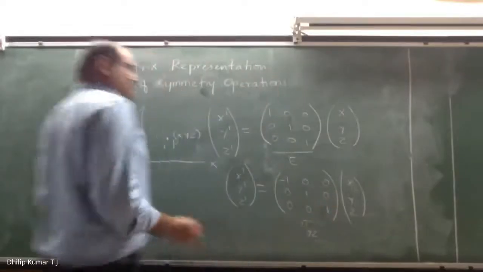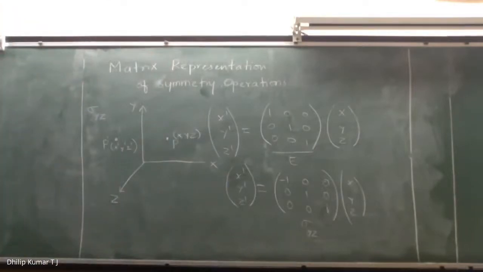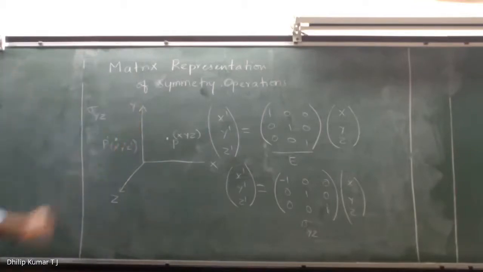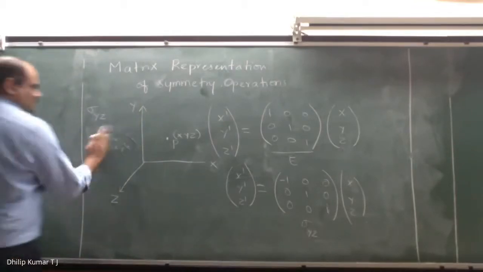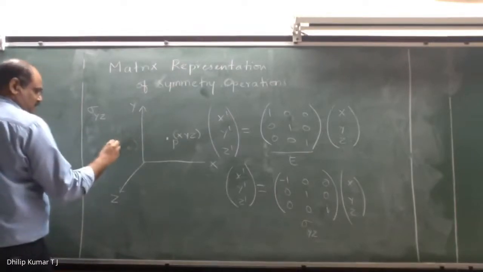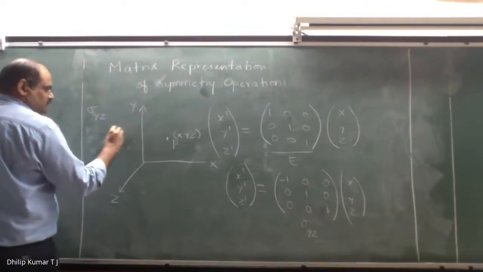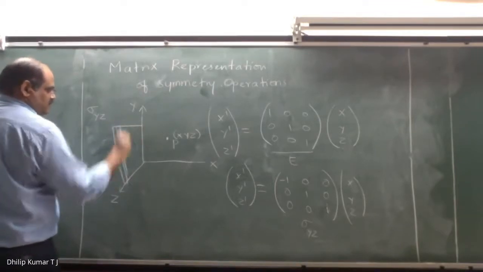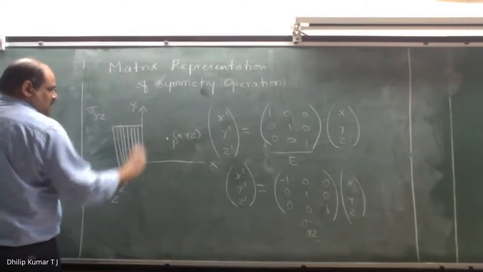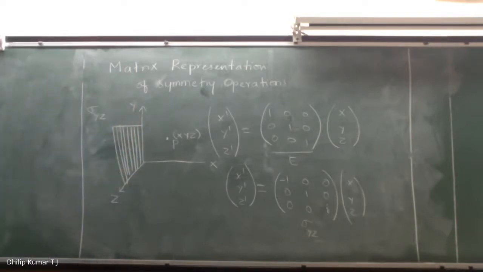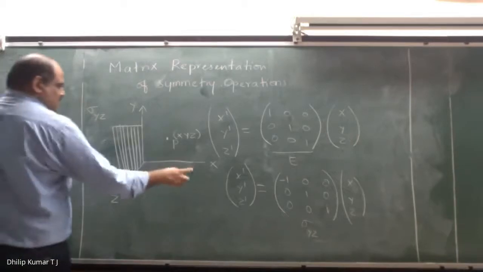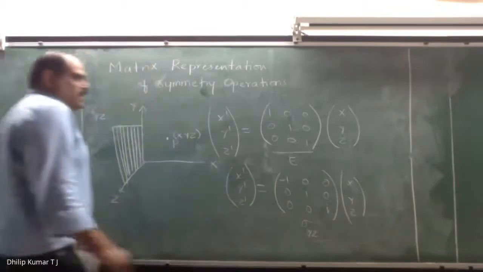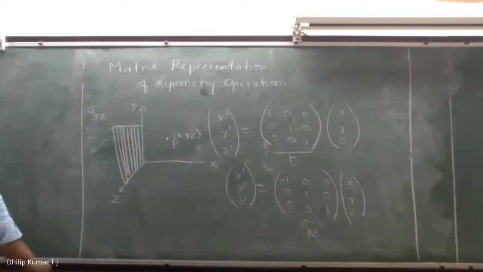So when you place a mirror through this plane, I'm just cutting the YZ plane, then the x-axis is going to become the negative of x. That's why it is -x. Similarly, one can write for the other two planes.